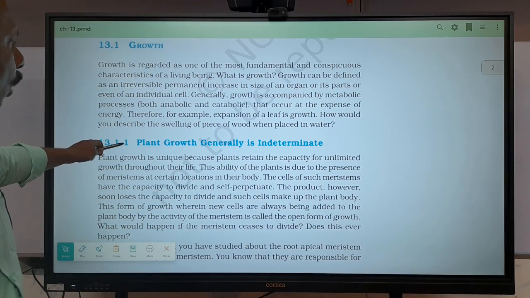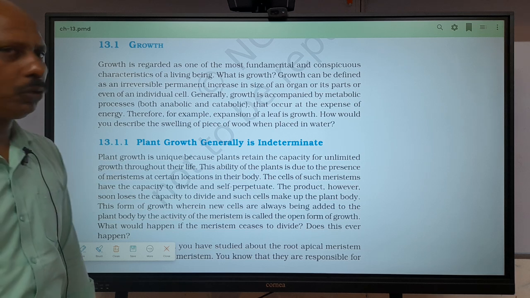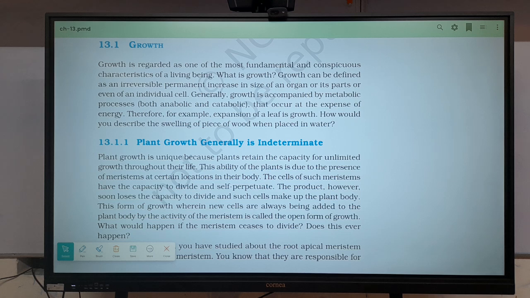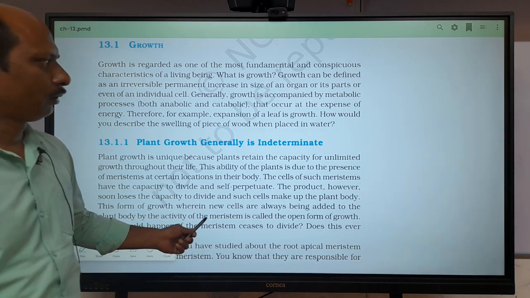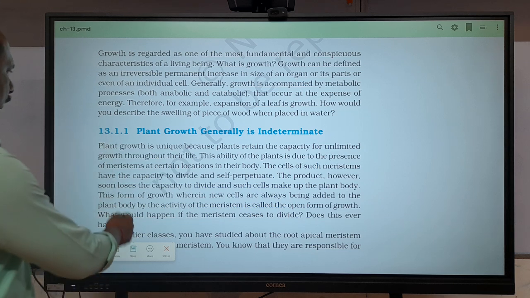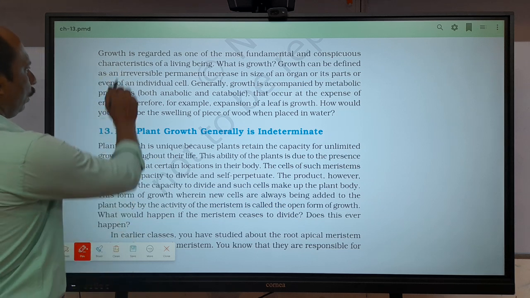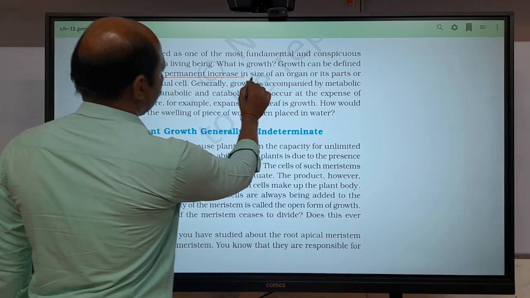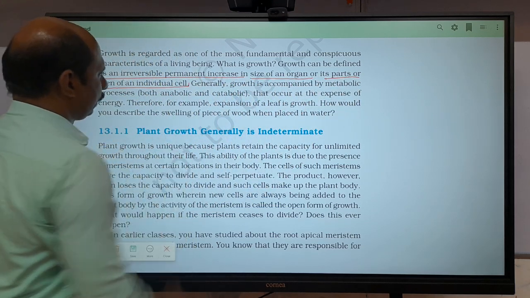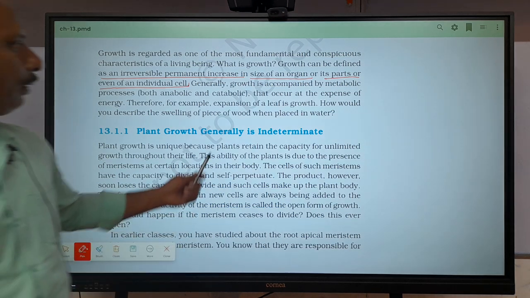So this one is called epigeal. Now growth is regarded as one of the most fundamental and conspicuous characteristics of living beings. Now what is growth? Growth can be defined as the irreversible, permanent increase in size of an organ or its part, or even an individual cell, right?